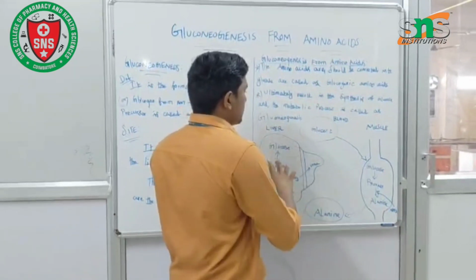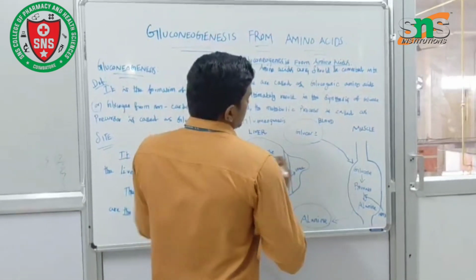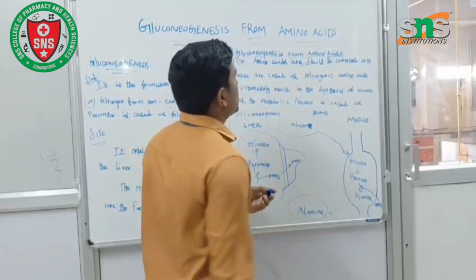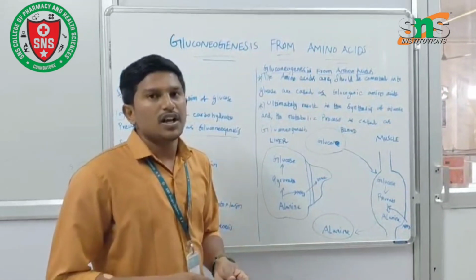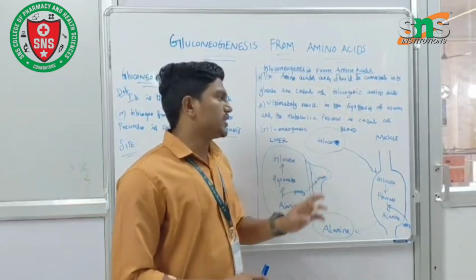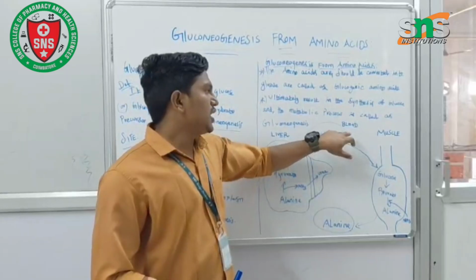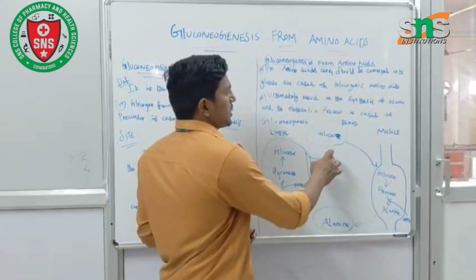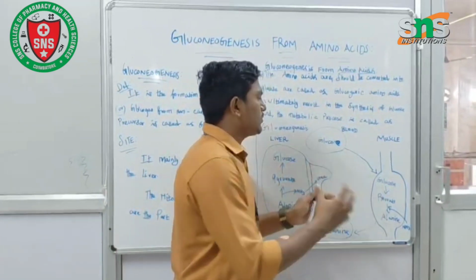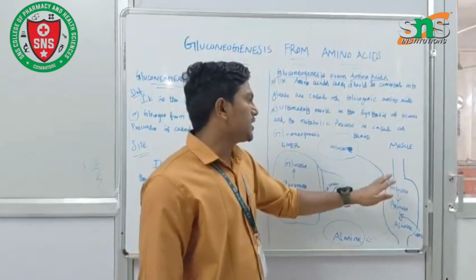Based on the study of gluconeogenesis from amino acids, we start with glucose. Glucose will enter into the blood, and then enter into the muscles.